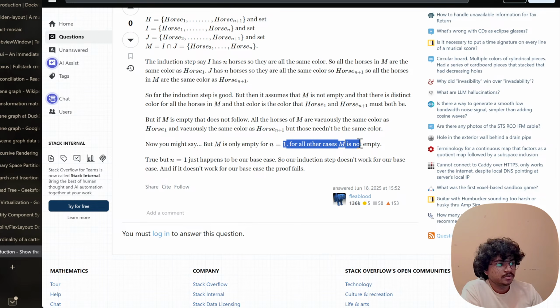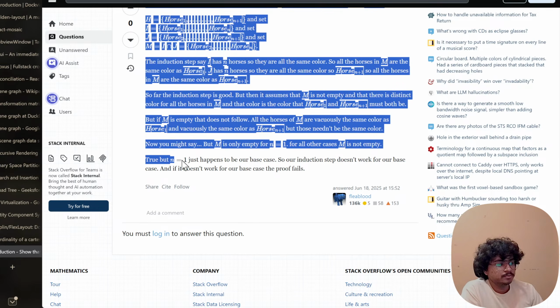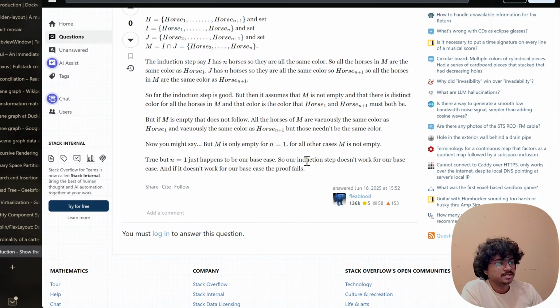M is empty for n equals 1, but true. But n equals 1 just happens to be our base case. So our induction step doesn't work for our base case. And if it doesn't work for our base case, then the proof fails.